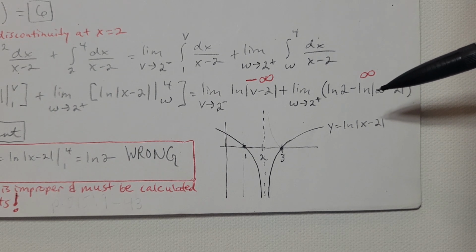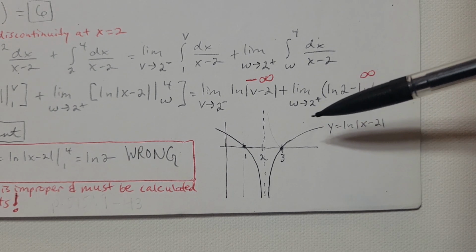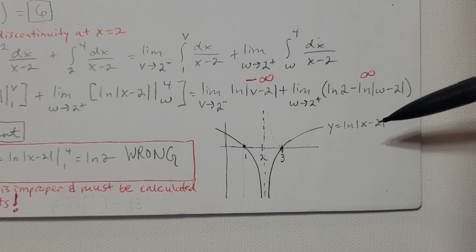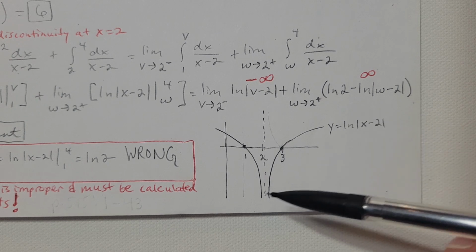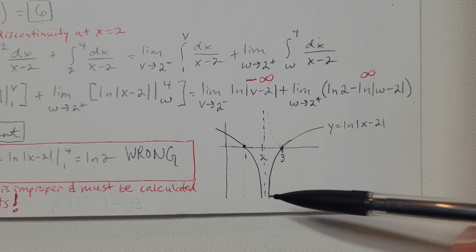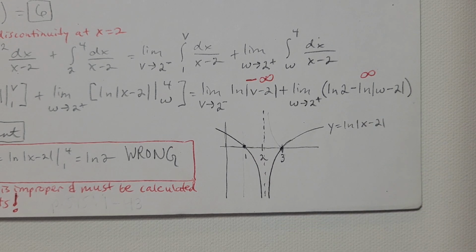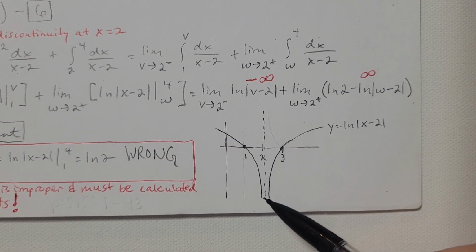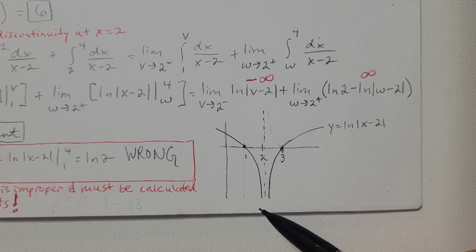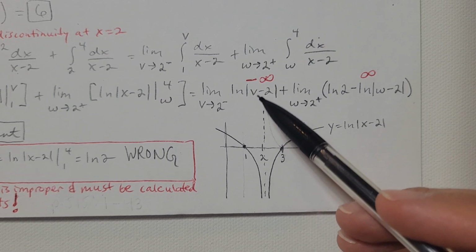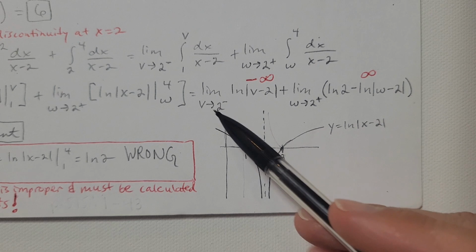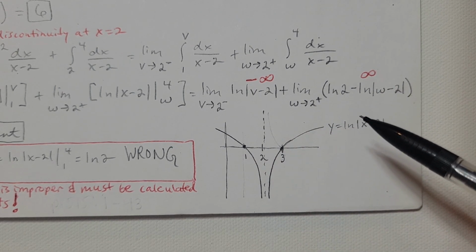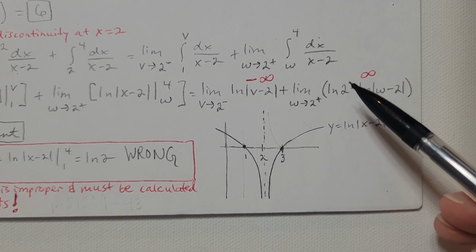Okay, so now if we were to look at a graph of y equals the ln of the absolute value of x minus 2, here it is right here. I got a vertical asymptote at 2. If I'm approaching 2 from the left side, the y values are getting very large, but in the negative direction. So negative infinity would be the value of that limit. Plus, the limit of a constant is always the constant.